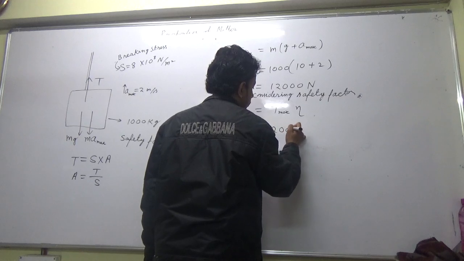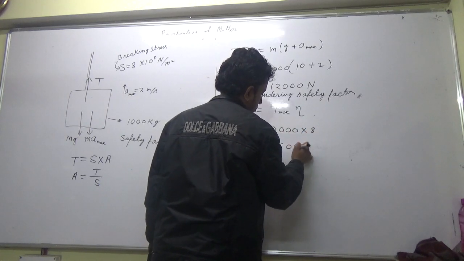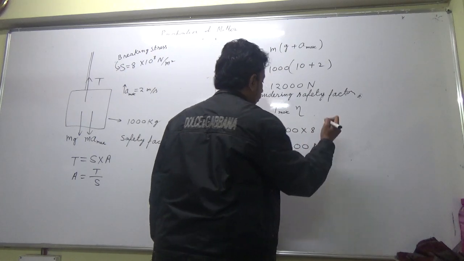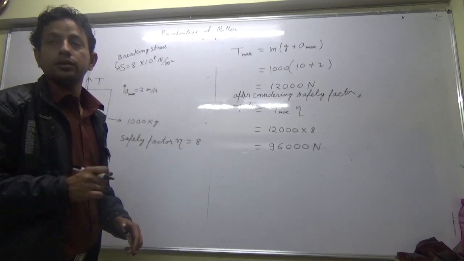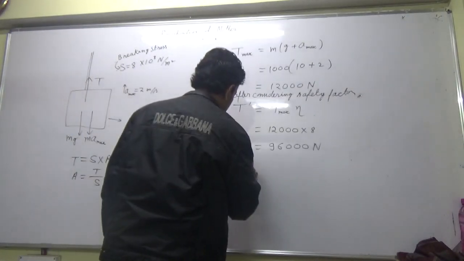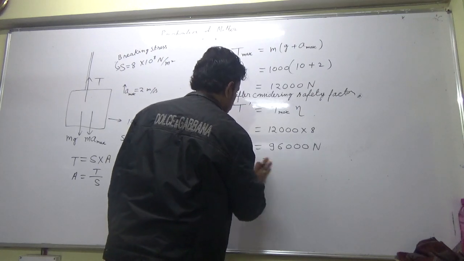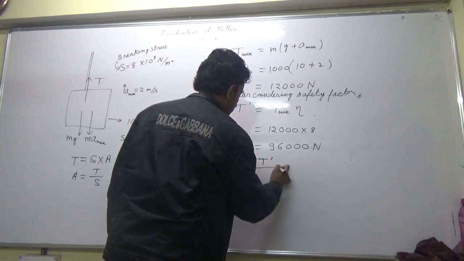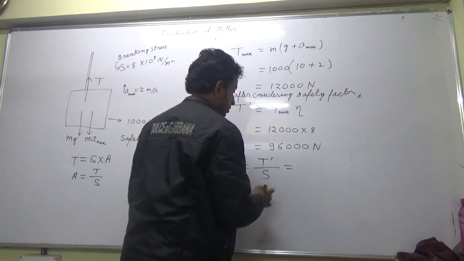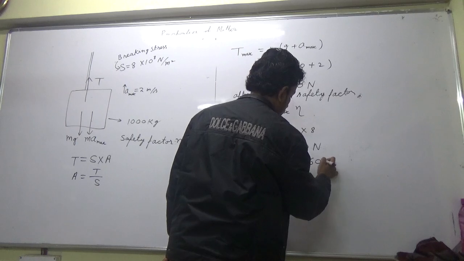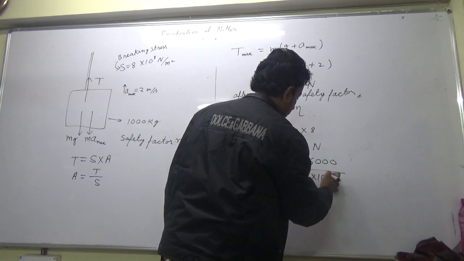So 12,000 into 8 कितना हो गया? For this much Newton we have to design the wire. Area will be what? This T dash divided by breaking stress. So 96,000 divided by 8 into 10 to the power 8.